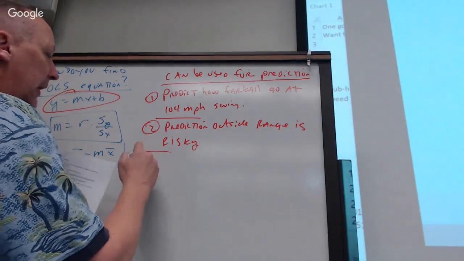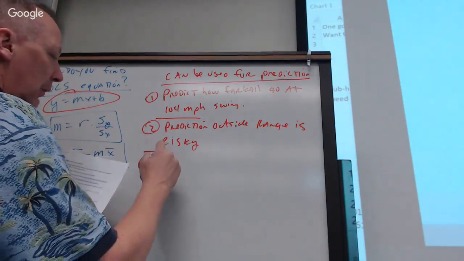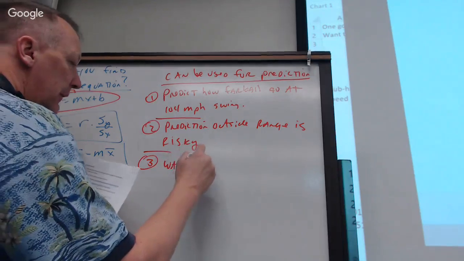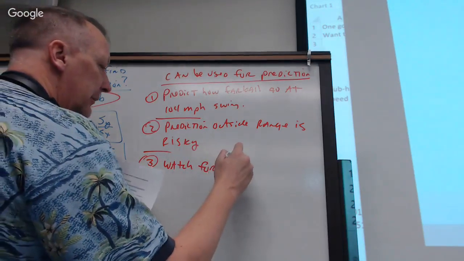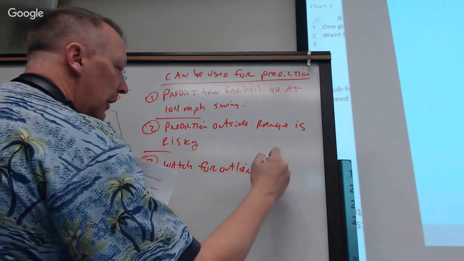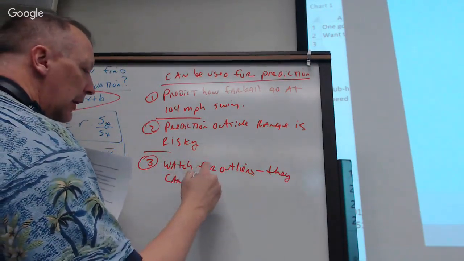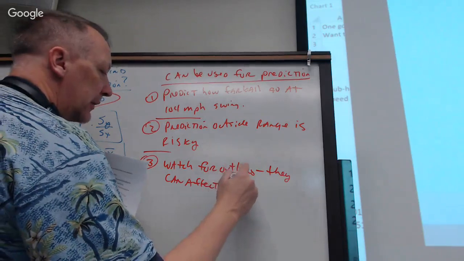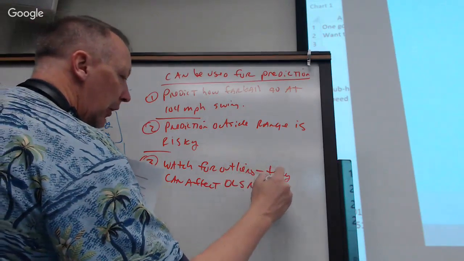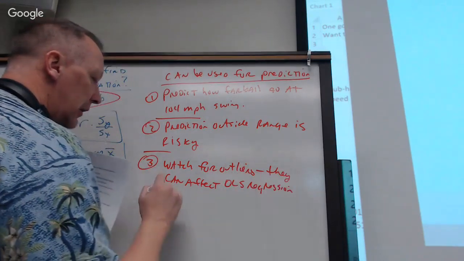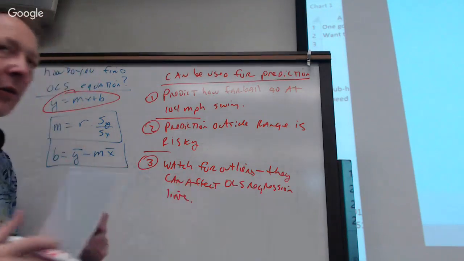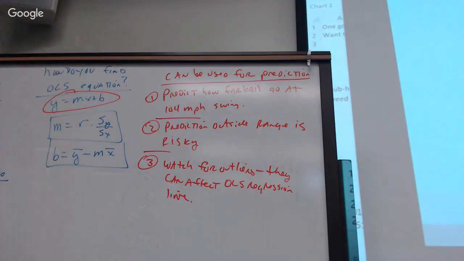Number 3, watch for outliers. They can affect the OLS regression line. Okay, so you want to be careful about those.